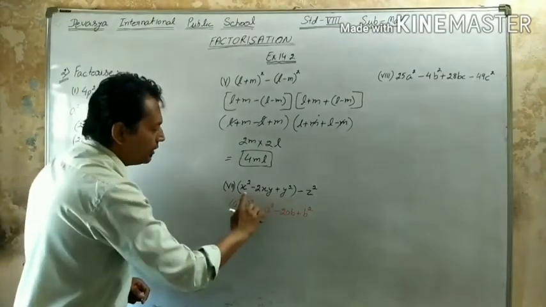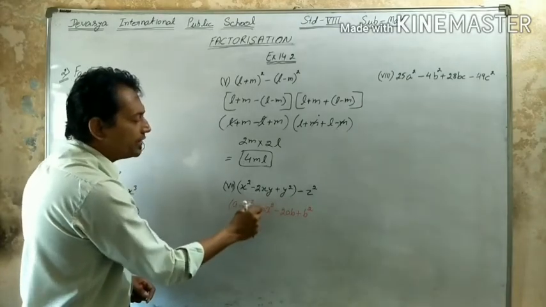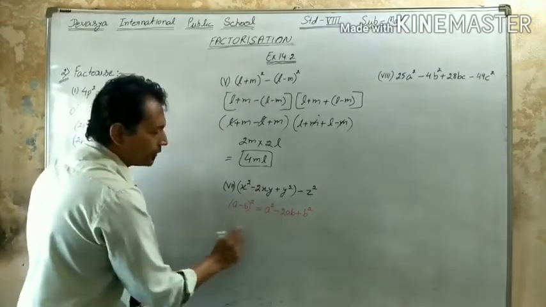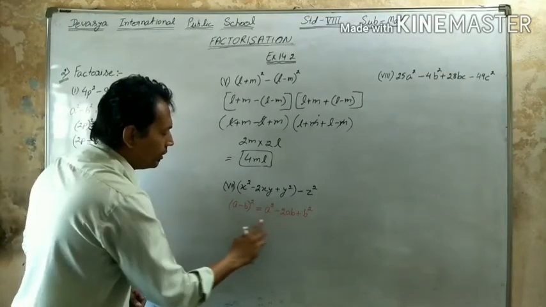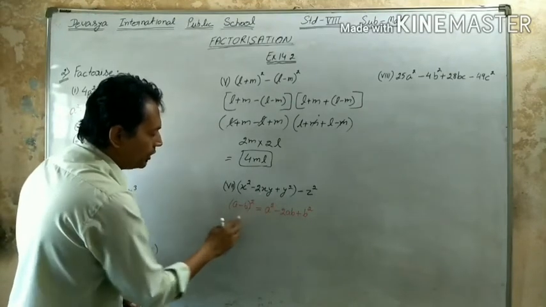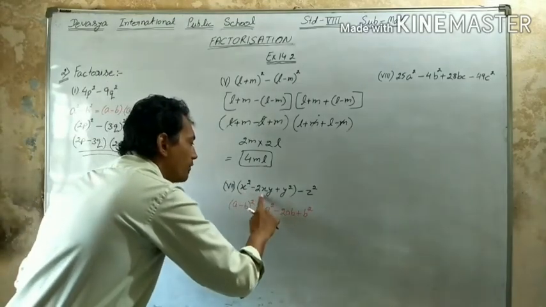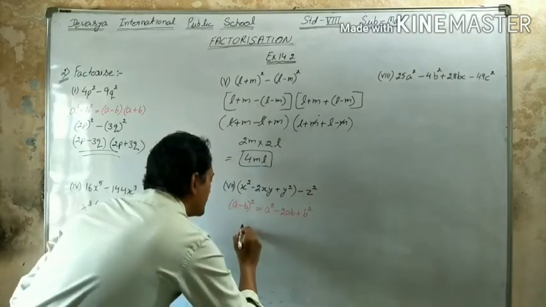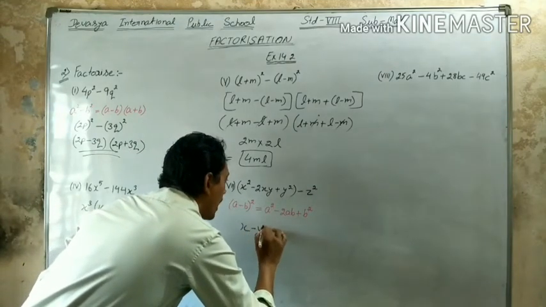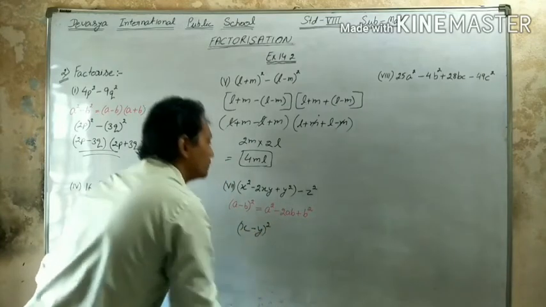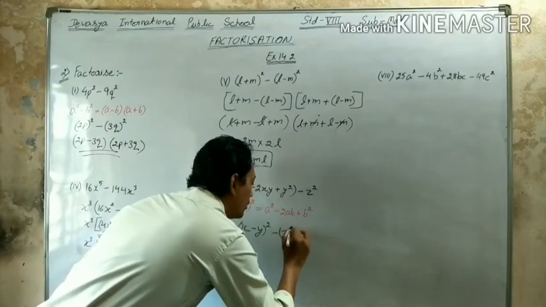Now we have one more expression here. You see the bracket part, x square minus 2xy plus y square. This resembles the right hand side of the identity a square minus 2ab plus b square. We need to bring this expression into this format. So x square minus 2xy plus y square can be written as x minus y whole square, and the rest of the part minus z whole square.